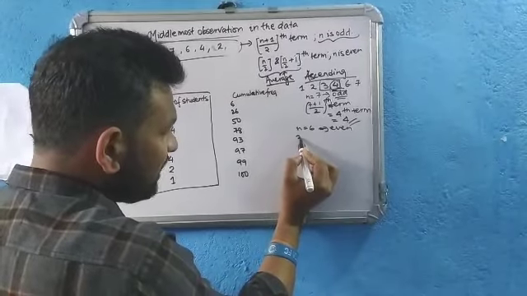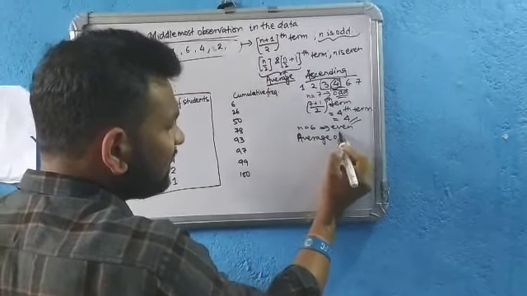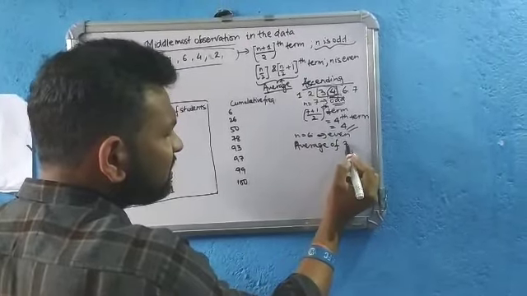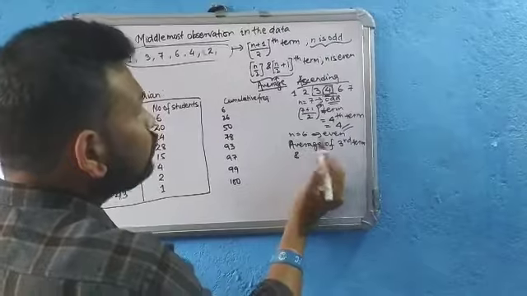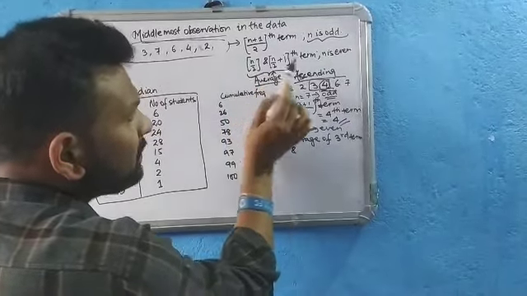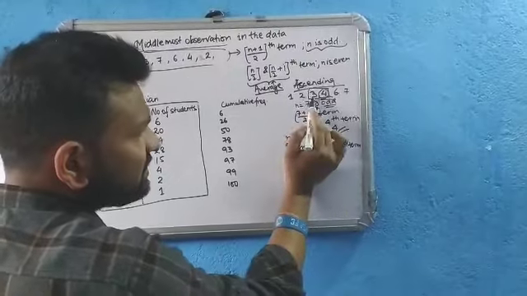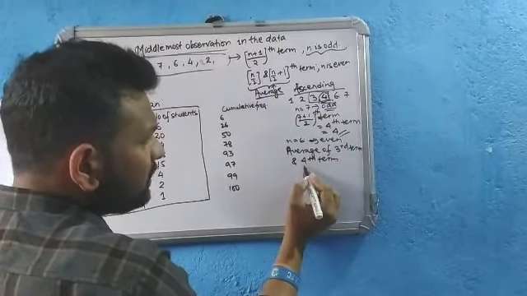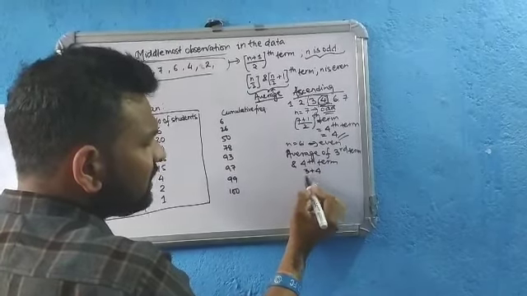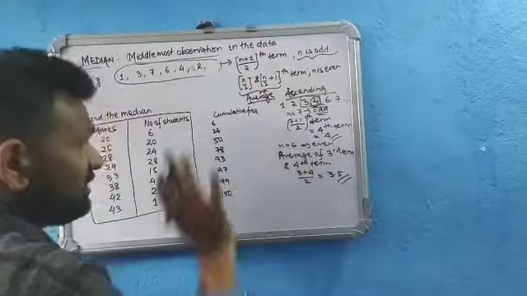So n by 2, 6 by 2, means the third term, and n by 2 plus 1, so 3 plus 1, the fourth term. What is the third term? 3. And the fourth term is 4. So the average is 3 plus 4 divided by 2, that is equal to 3.5. So this will be the median of this distribution.